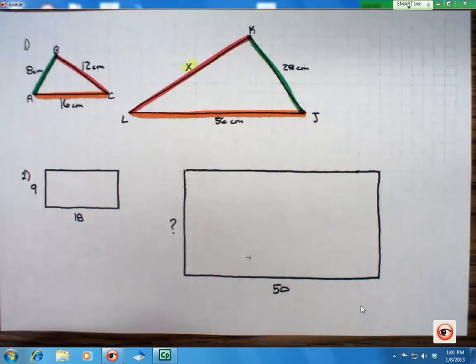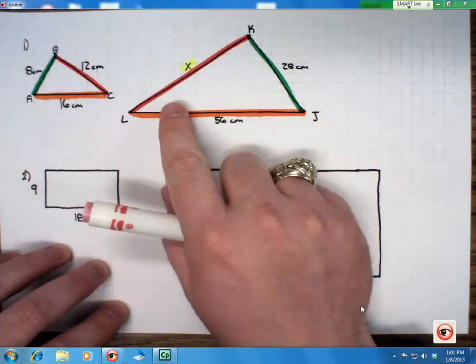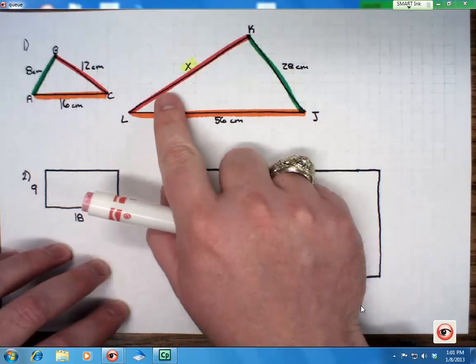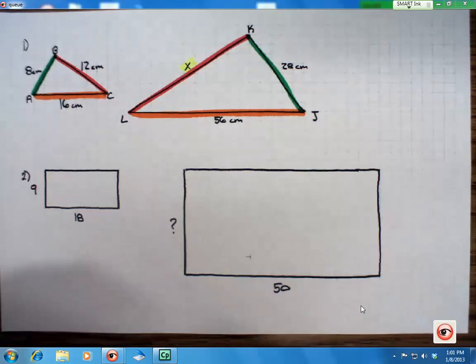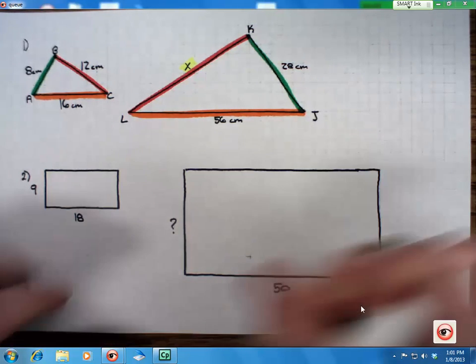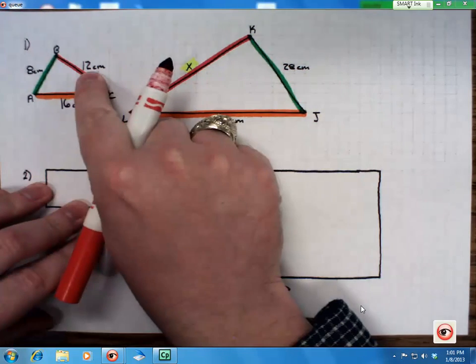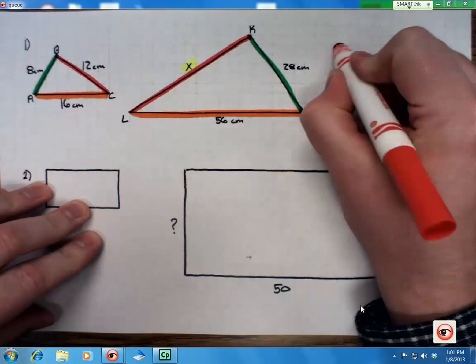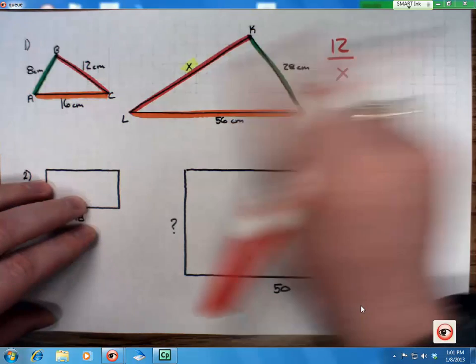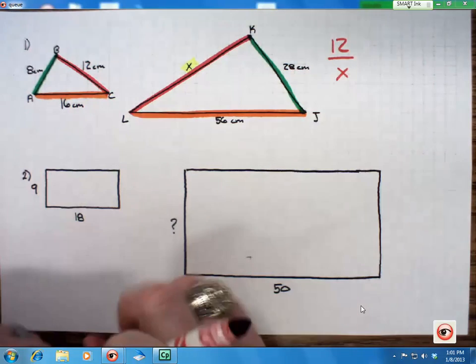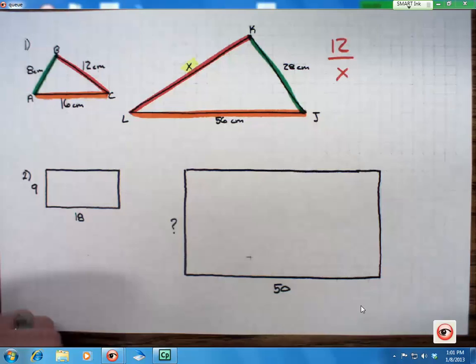The first side I'm going to use is my red sides because that's the side that I'm missing. That's my unknown. That's the side that I have to find. So I'm going to take my 12 from my small triangle, put that as my numerator, and put that over X, which is the red side on my large triangle.